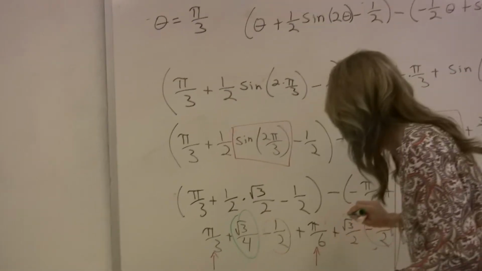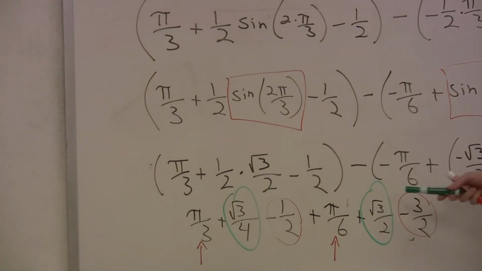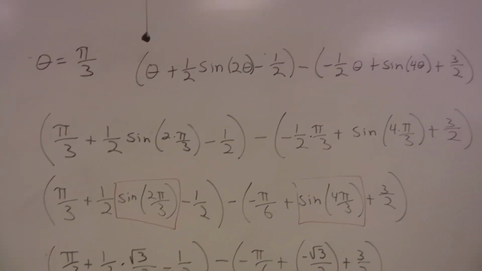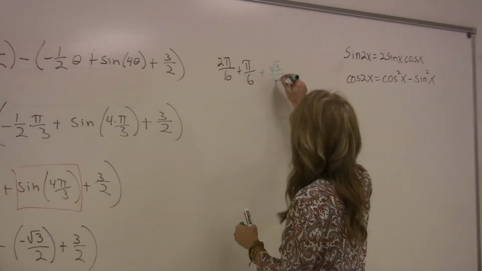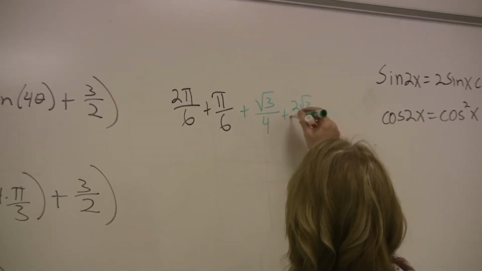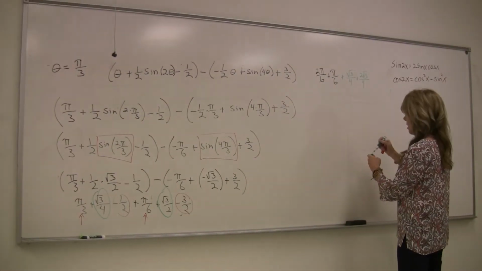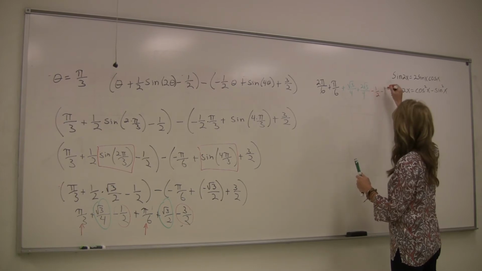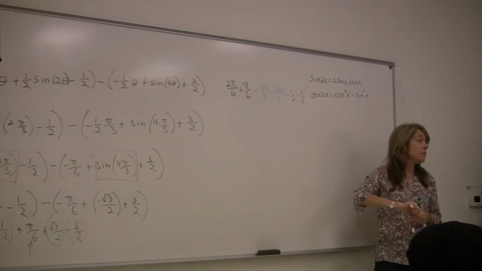Common denominator is 4. So I need to multiply this one by 2/2. The first one can stay, it already has the 4, but the next one is plus 2 square root of 3 over 4, so I multiply top and bottom by 2. And then finally, the last one is just -1/2 minus 3/2. I just rearranged my terms to put the like ones together and get common denominators.